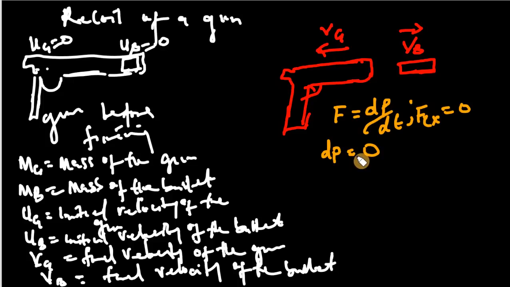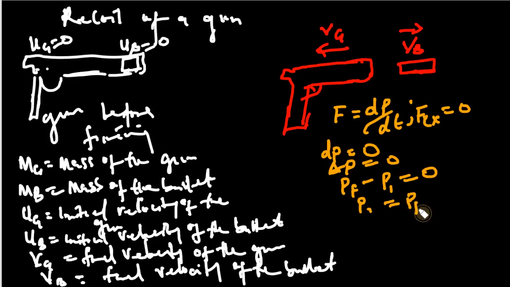What does this imply? It implies that the change in momentum equals 0, which means the final momentum minus the initial momentum equals 0. So the final momentum equals the initial momentum.